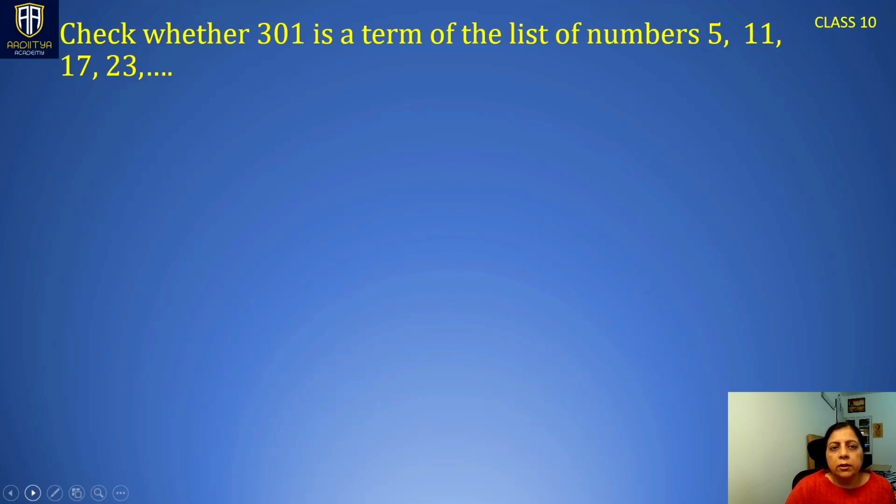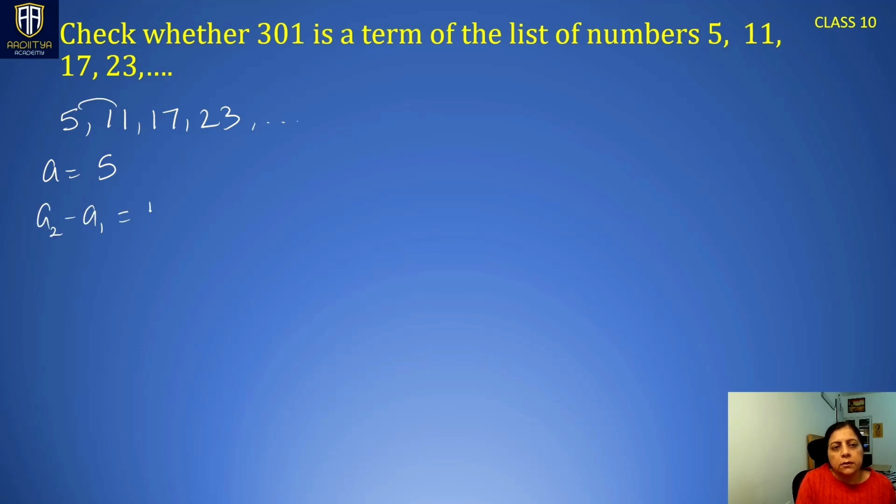Next is, check whether 301 is a term of the list of numbers. Here the sequence is 5, 11, 17 and 23 onwards. The first term is 5, and a2 minus a1 is 11 minus 5, that is 6. So the common difference is 6 and the first term is 5.